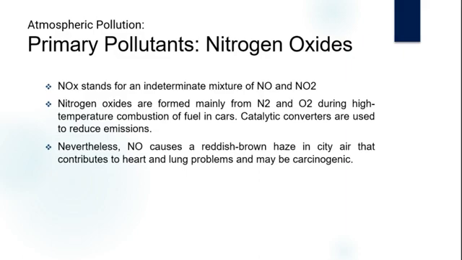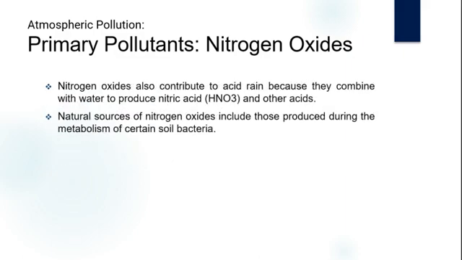Catalytic converters are used to reduce those emissions. Nevertheless, nitrogen oxide causes reddish-brown haze in city air that contributes to heart and lung problems, and as it worsens, may be carcinogenic. Nitrogen oxides also contribute to acid rain because they combine with water to produce nitric acid and other kinds of acid.